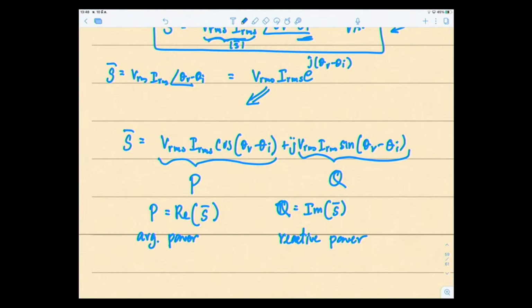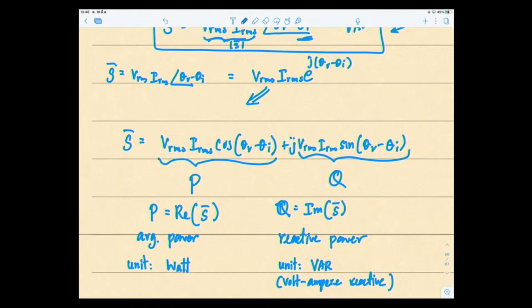The unit of the average power is what? The unit of reactive power is var, volt ampere reactive.